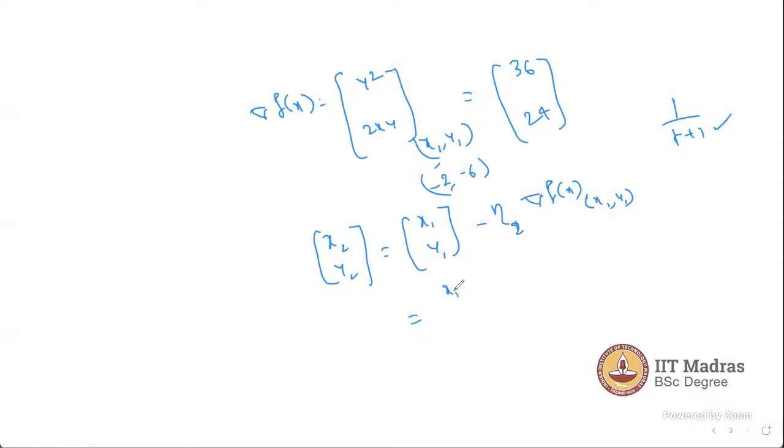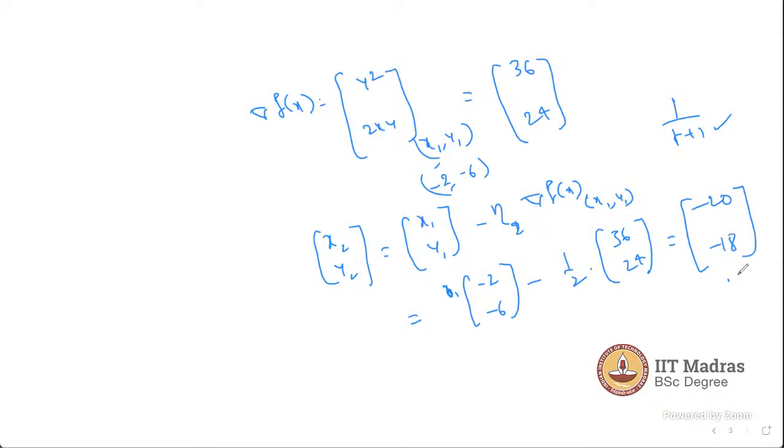So x1 y1 is minus 2, minus 6, minus half into 36, 24. 36 by 2 is 18, so minus 2 minus 18 is minus 20, and this gives minus 6 minus 12. Am I correct?